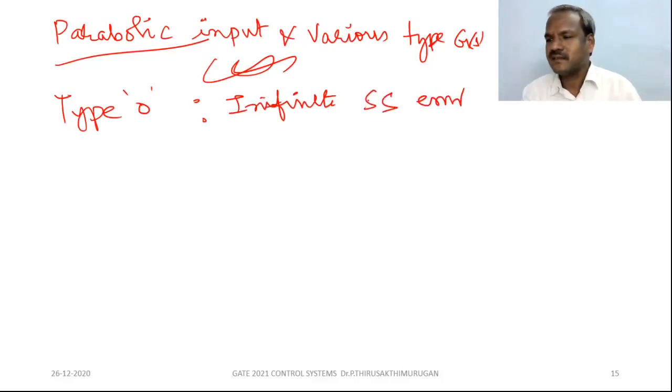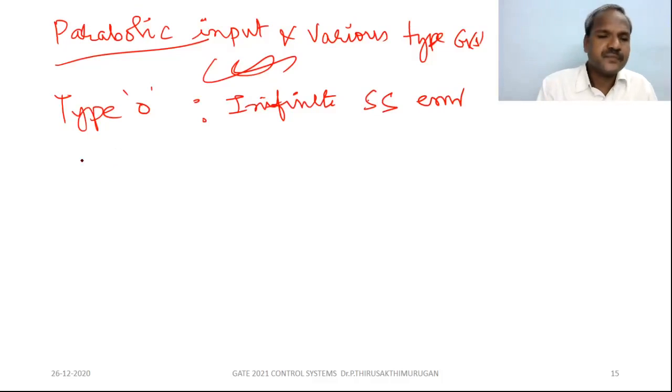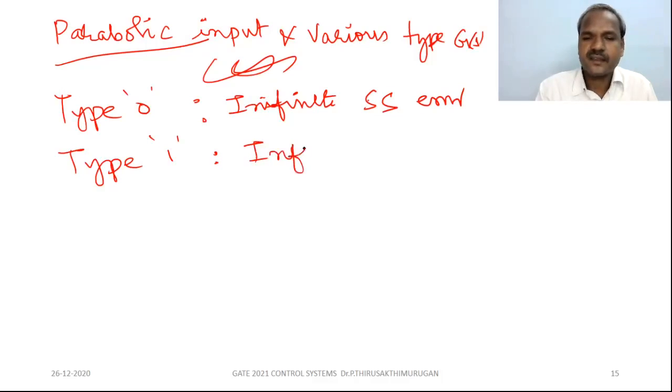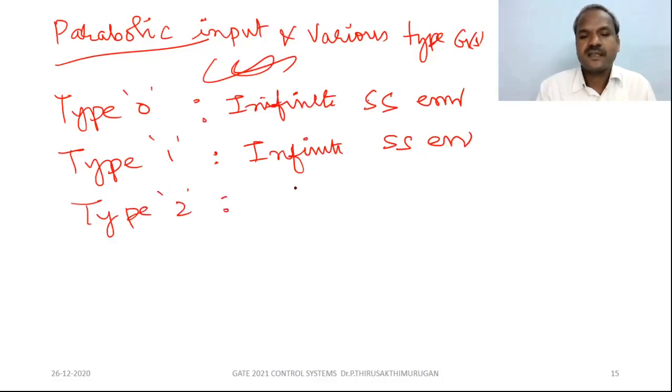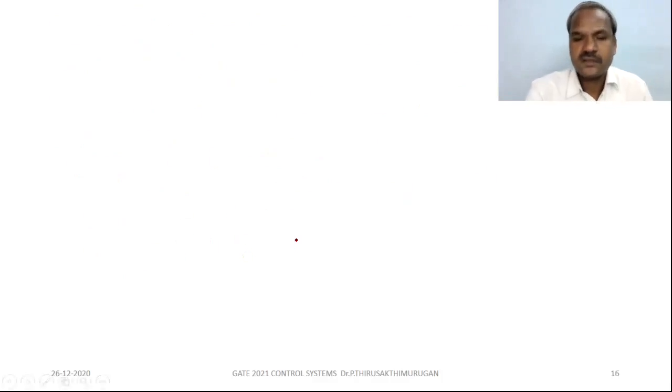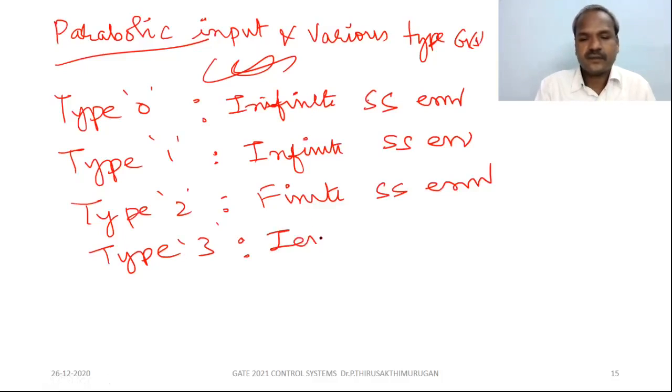Then type 1 system also gives infinite steady state error. Then type 2 system gives finite non-zero steady state error. Type 3 system gives zero steady state error.